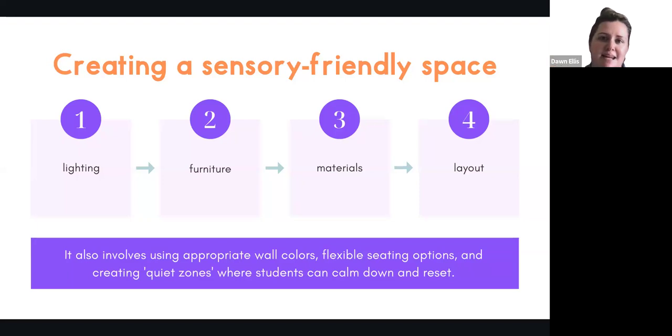In addition to lighting is furniture, making sure that we have the furniture in the room that we need for students to be successful, but that we don't overcrowd the room and the space, so that there are defined spaces and areas for our students while there isn't a lot of distraction and clutter.